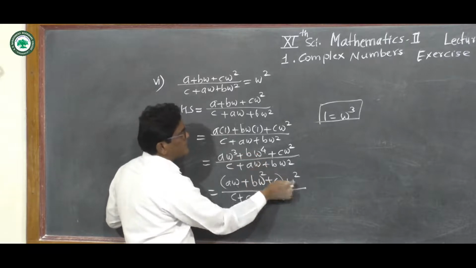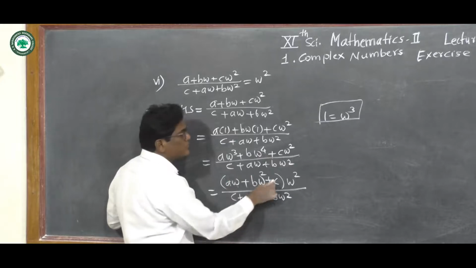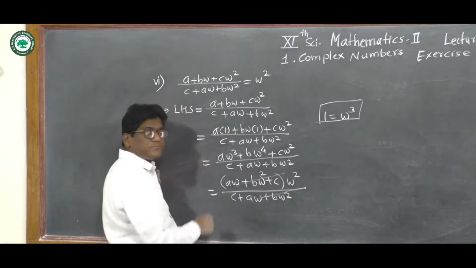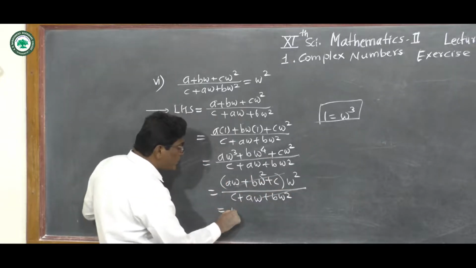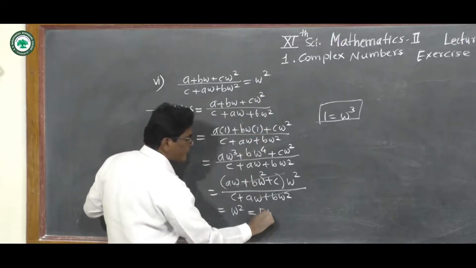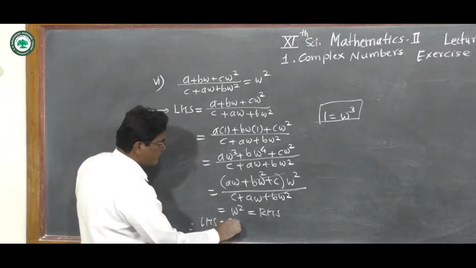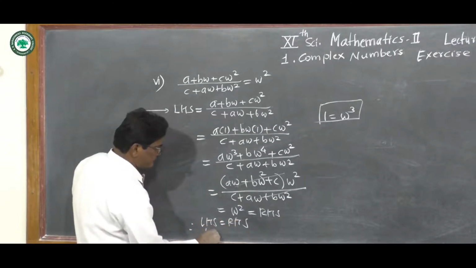Omega square outside the bracket, so here remains omega square. So this and this are the same, so we cancel this. So remains omega square, and this is nothing but the RHS. Therefore LHS is equal to RHS. Hence proved.